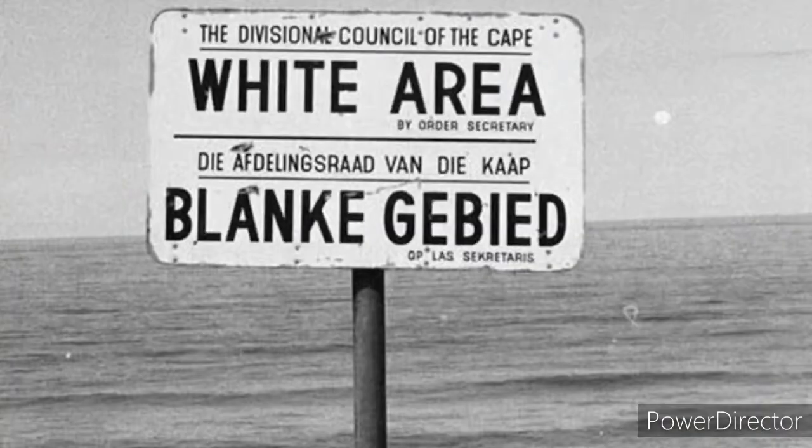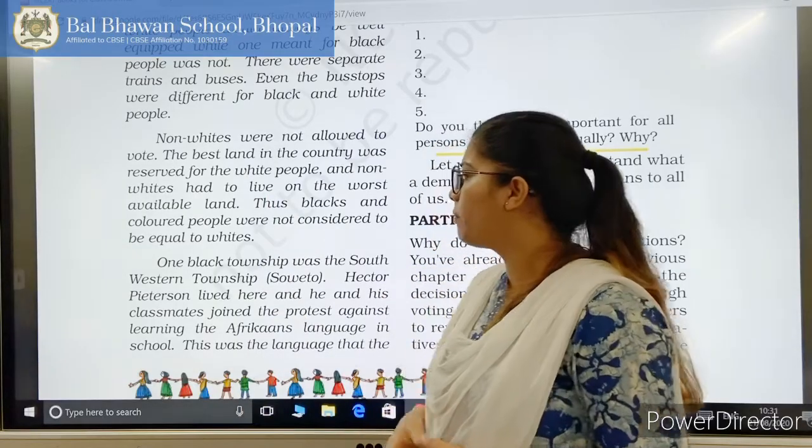The best land in the country was reserved for white people, and non-whites had to live on the worst available lands. Now, the posh colony, the elite colony was being given to the white people. The very good land, the very good locality was being given to the white people, whereas the black people were living maybe in the outskirts or out of the town, maybe the suburban area.